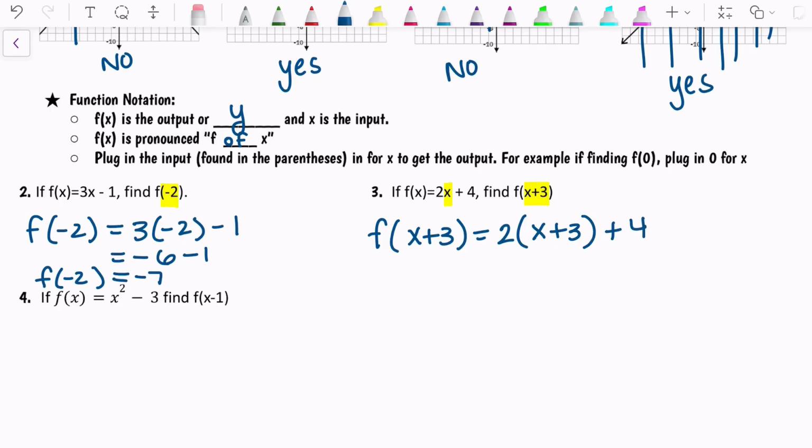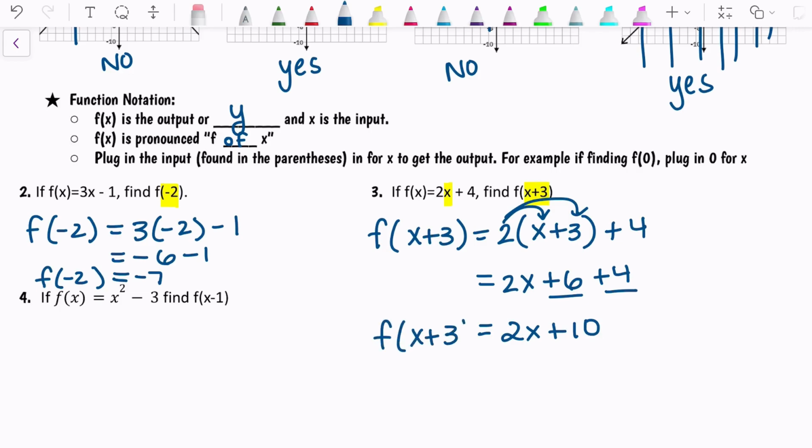I'm just plugging the expression in where x goes, and then I'm going to distribute. 2 times x is 2x, 2 times 3 is 6. Drop down the plus 4 because it's not in the parentheses. Combine like terms. I have 2x plus 10. And then the last step is to include that function notation in my answer.